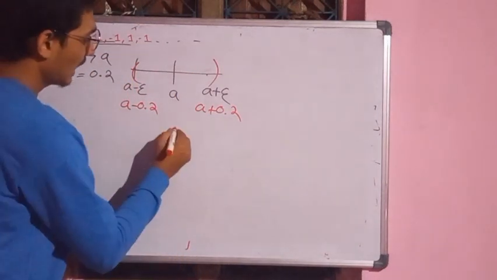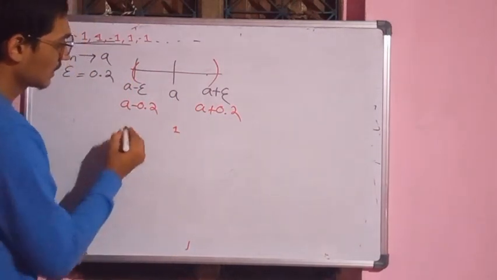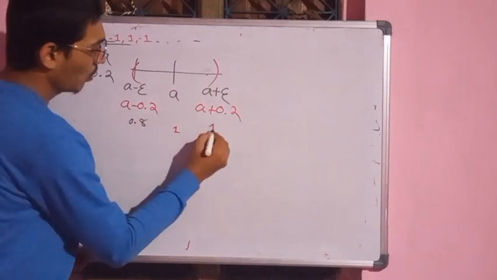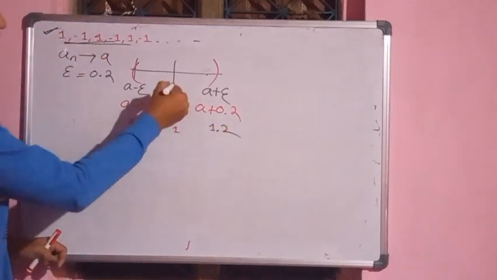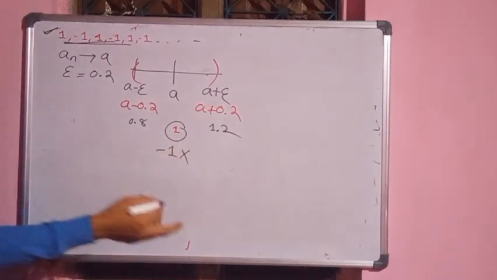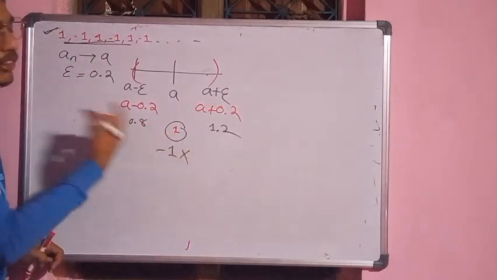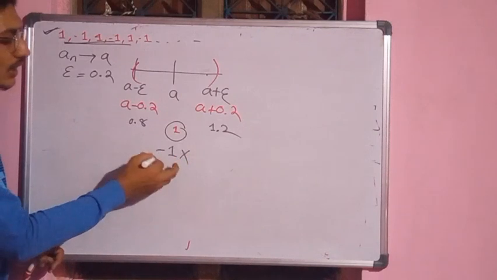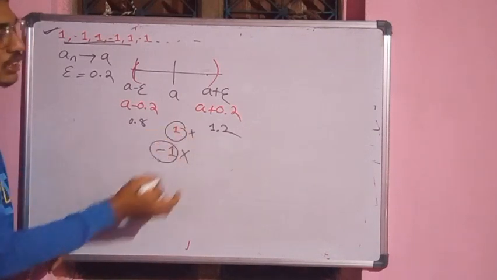For example, if we take A as 1, then my limit is from 0.8 to 1.2. So it is containing only 1, but it is excluding minus 1. In a similar fashion, if you take any other value of A, it may contain minus 1 but it will not contain 1.